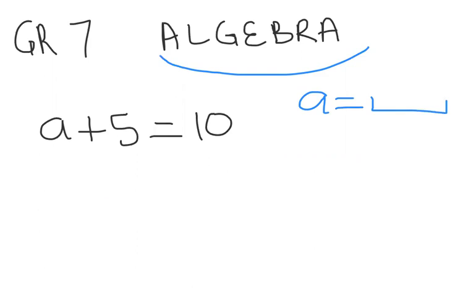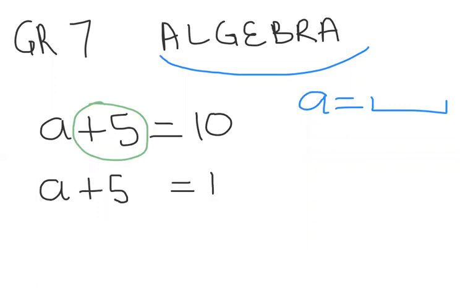So here we have a. So what we want to do, we want to take this 5 away from the left hand side, because looking at this, we only want a on the left. So the question is, how do we take the plus 5 away? So here we have, let's write it down for now, a plus 5 is, keep a space, and let's write 10.